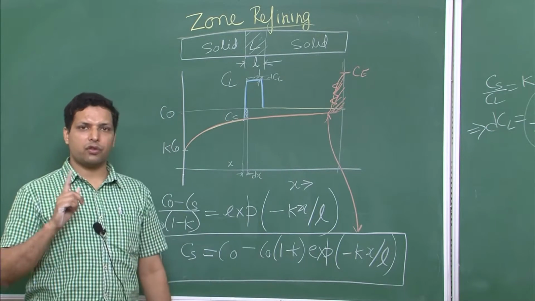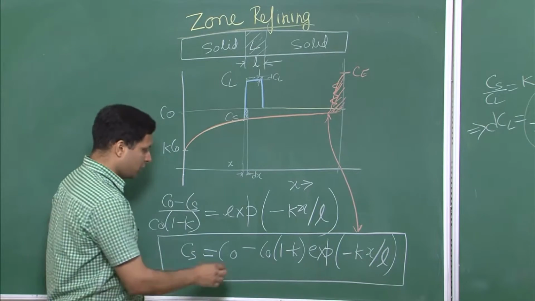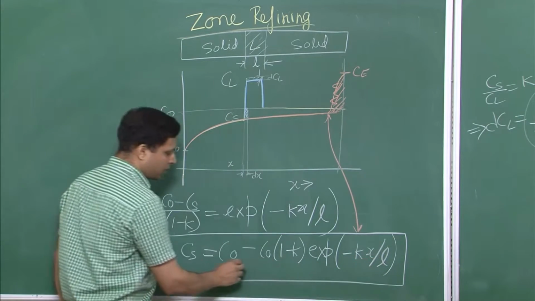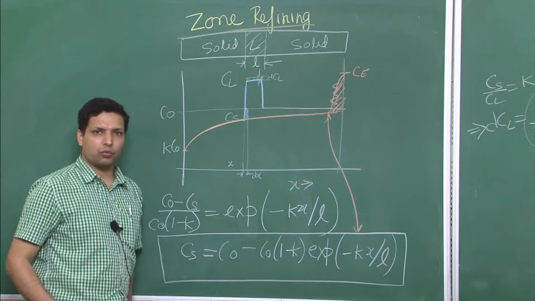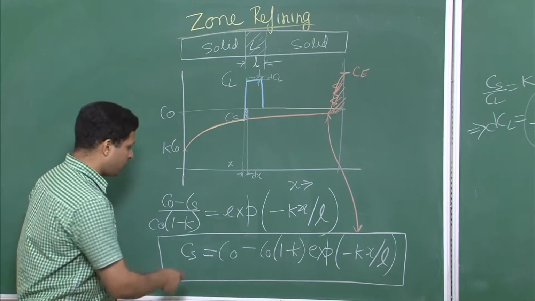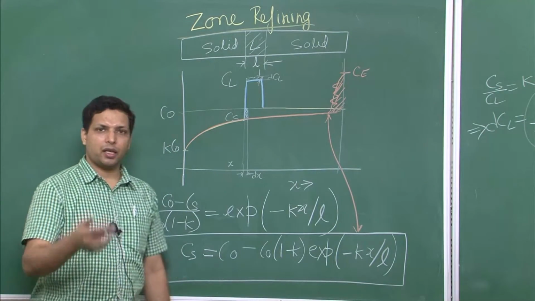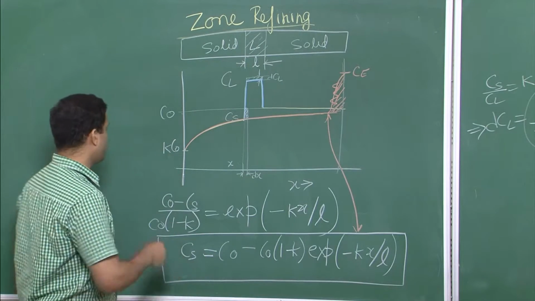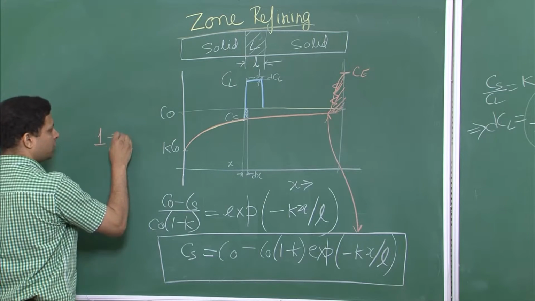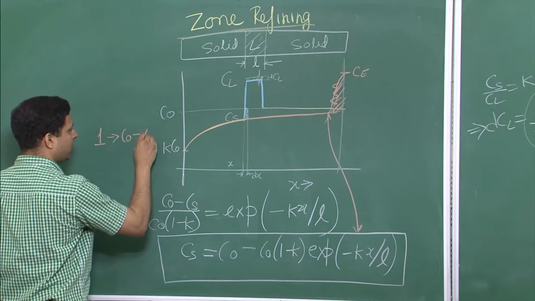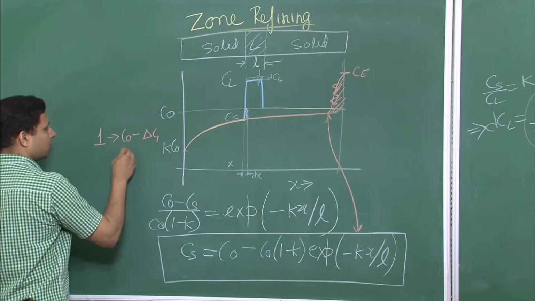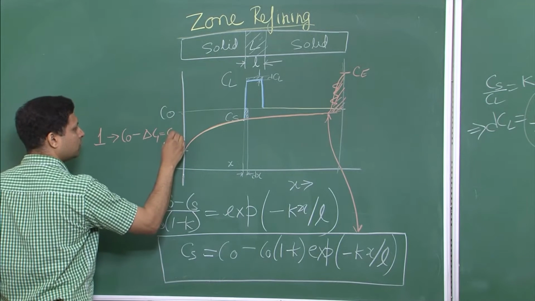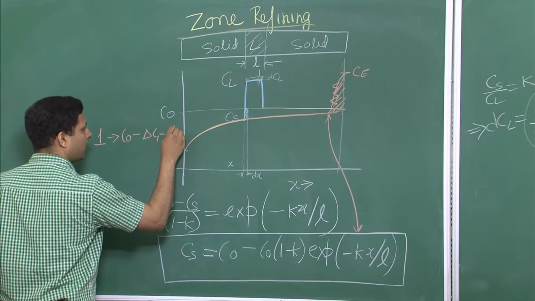Now this is just for one pass. Now let us say you get some other average concentration from this, which is obviously less than C naught. So if next time you do it, you will get concentration even lower than that. So if you keep doing one pass, you reach C naught minus some delta C1 equal to C prime.